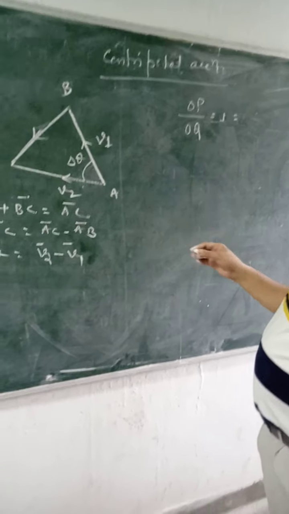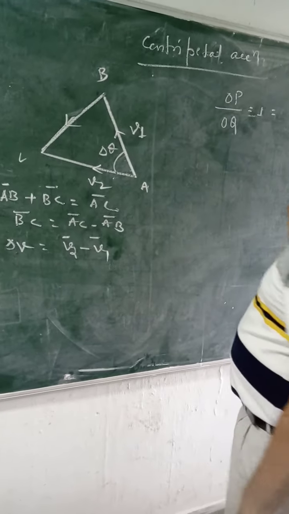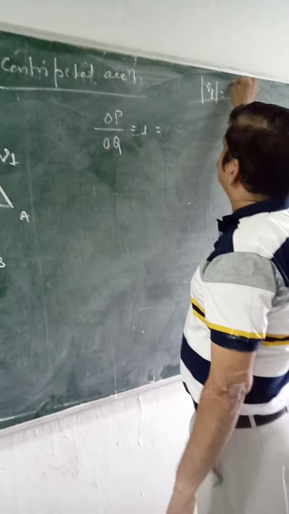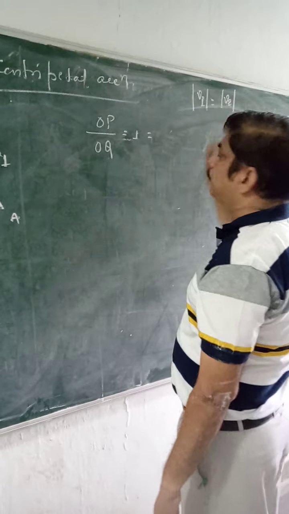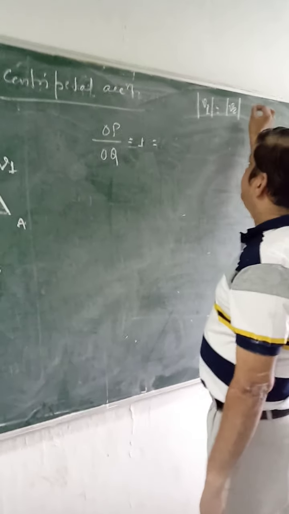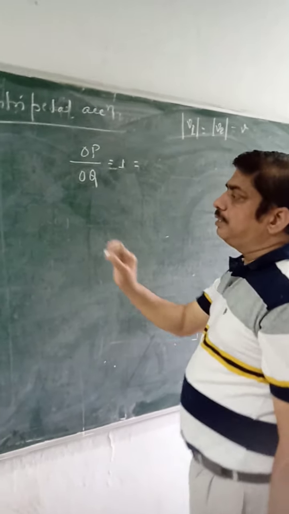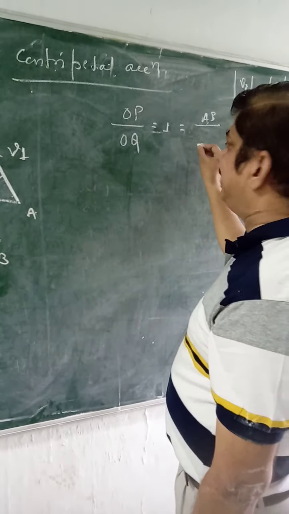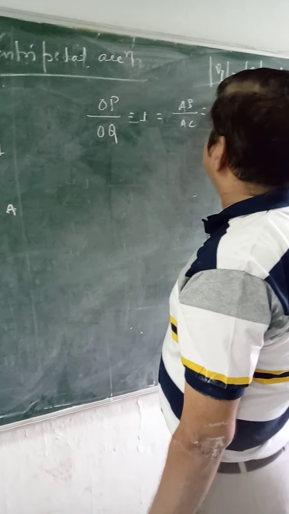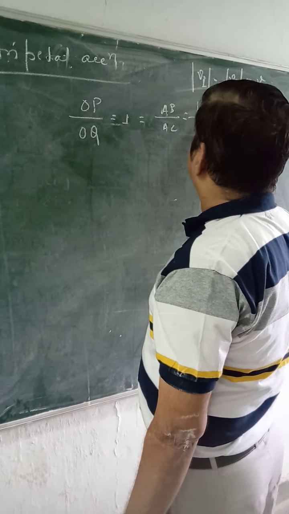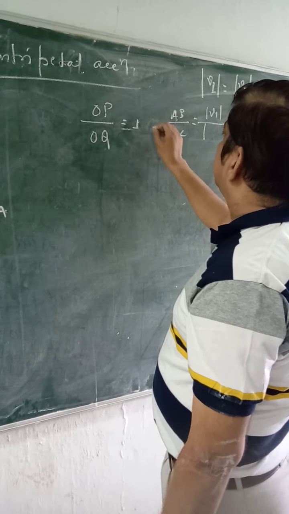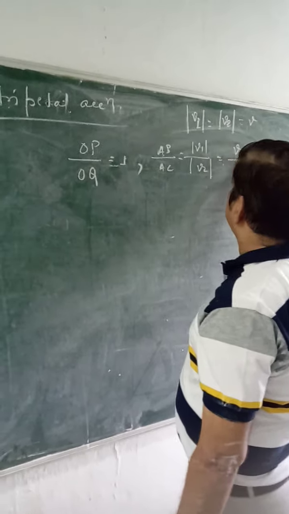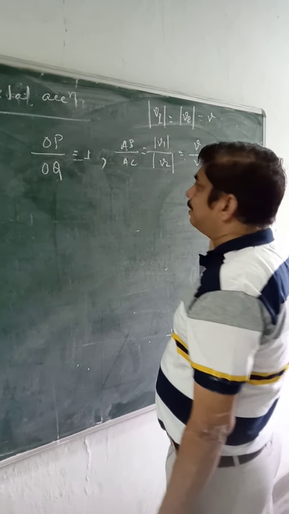Now as we know, the magnitude of V1 is equal to the magnitude of V2, and let it be V. So if I write AB by AC, magnitude of V1 by magnitude of V2 is V by V, that means 1.